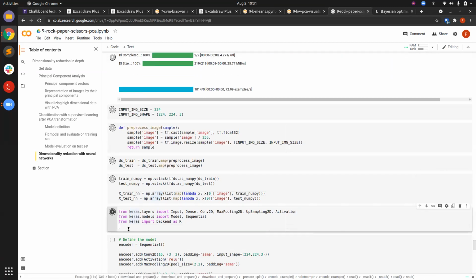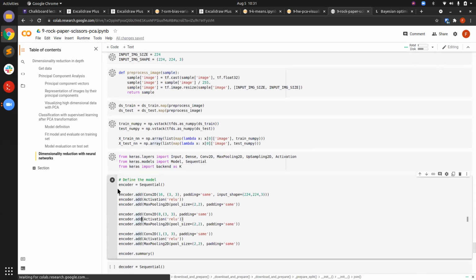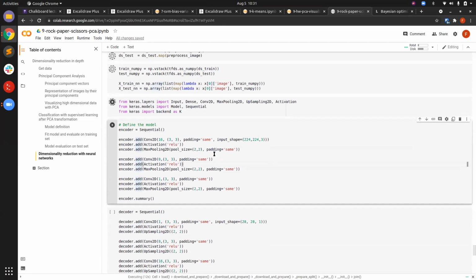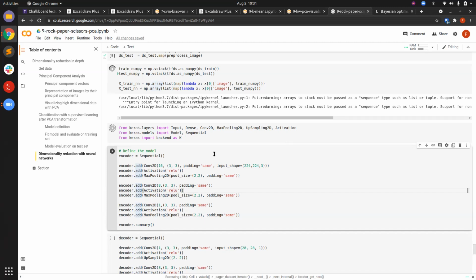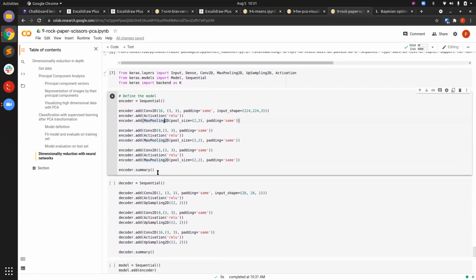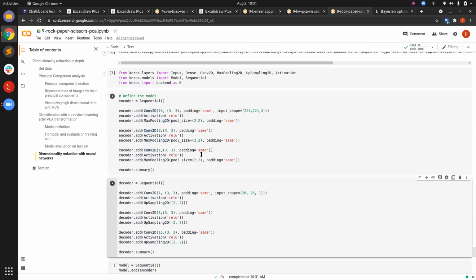And I'm just putting it into NumPy format because we're more comfortable with it. Okay, let's look at the model we built up. So I'm going to build the model in two stages. I'm going to build an encoder, and then I'm going to build a decoder.